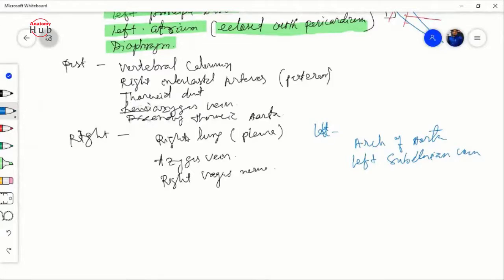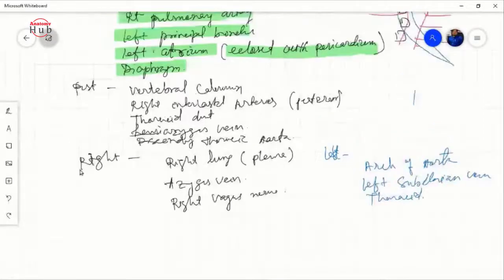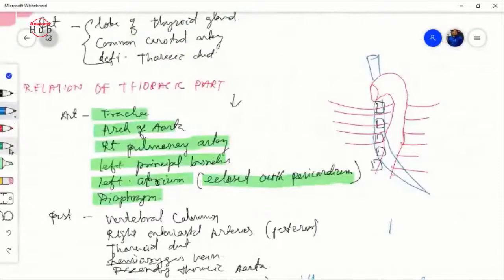You'll say, sir, here is thoracic duct, here is also thoracic duct. How is it possible? Because the thoracic duct ascends upward, okay. So this thoracic duct goes like this, ascending upward, then back posterior to the esophagus, then it goes towards the left because it has to drain to the, what is that, left subclavian vein, okay. That's why the left relation also has thoracic duct and the right relation also has the thoracic duct, okay.